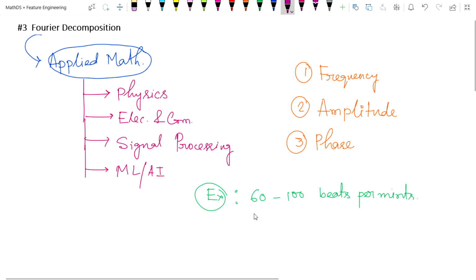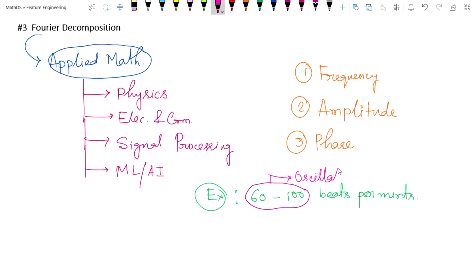So this 60 to 100 is the oscillation. Our heart oscillates in a minute. So per second, its value will be 1 to 1.6 beats per second.